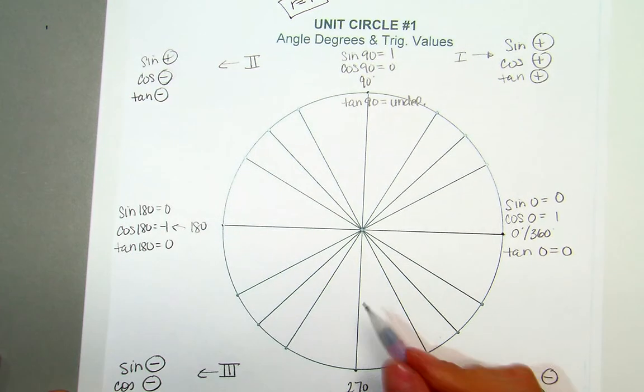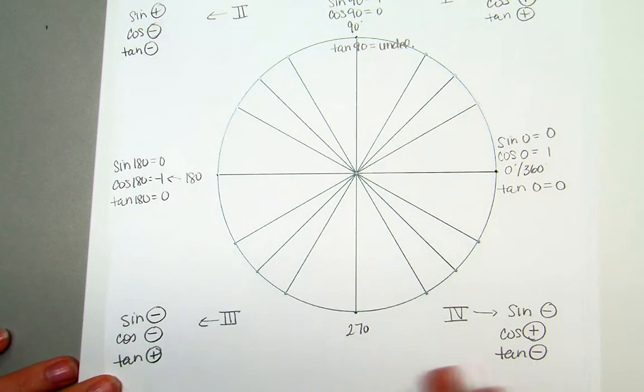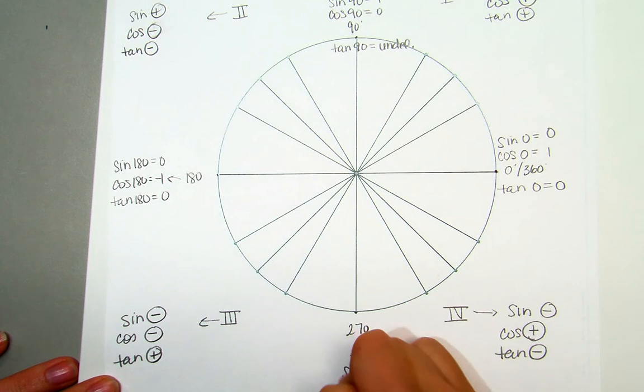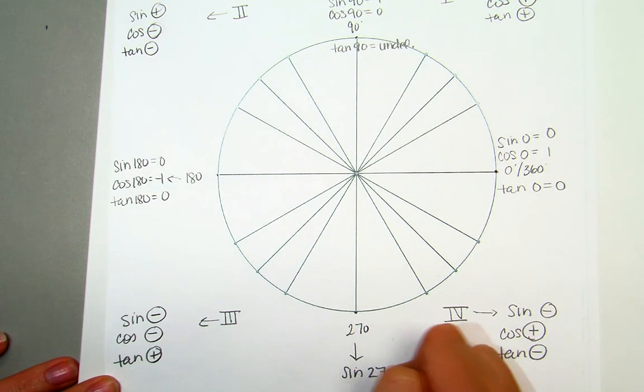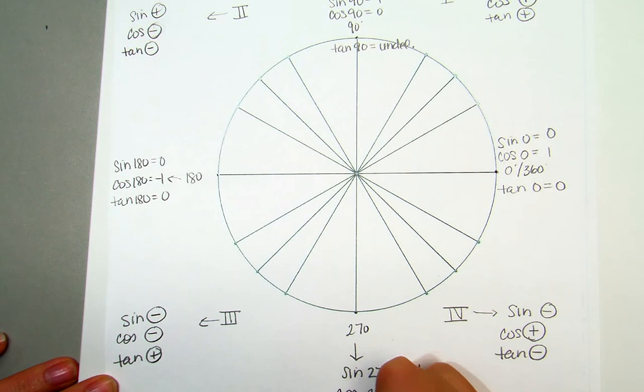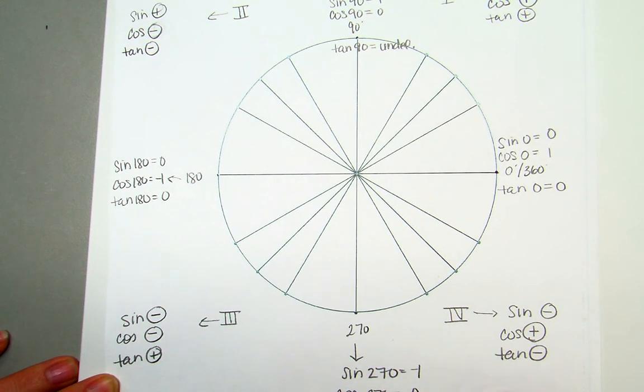And last but not least, 270, so sine of 270 will always be negative 1, cosine of 270 will always be 0, and tangent of 270 will always be undefined.